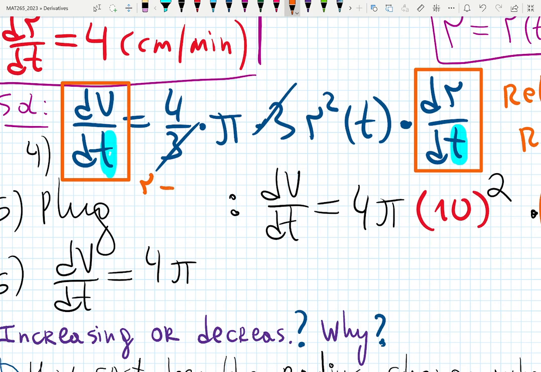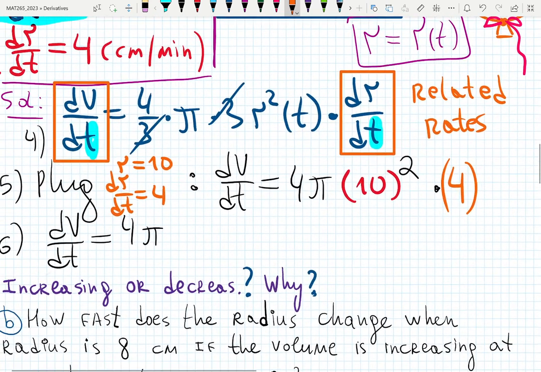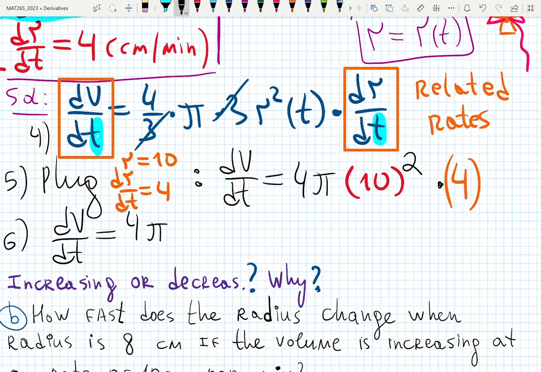We plug R equals 10, and dR/dt was 4. Plug these two, so that's now easy. And the answer follows, it's going to be what? 1600. Careful, calculate: 1600 pi.